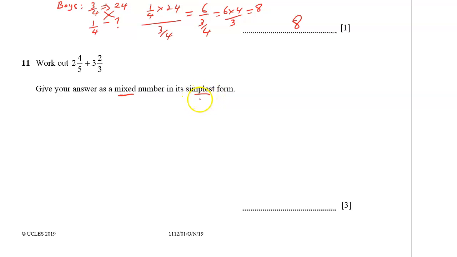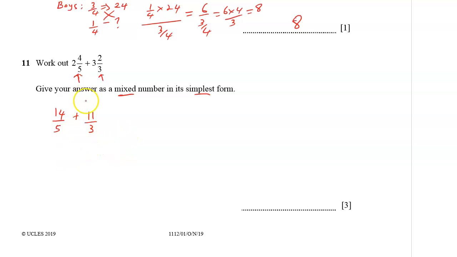Of course, you need to convert the fractions into improper fractions, and therefore this fraction will be 5 times 2 is 10, plus 4, we get 14 over 5, plus 3 times 3 gives us 9, 9 plus 2 gives us 11, so 11 over 3.